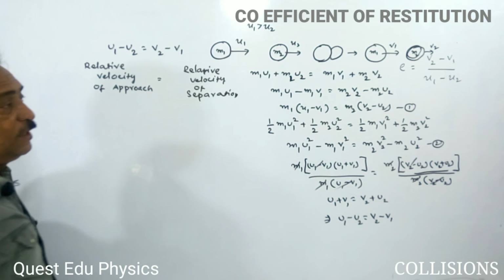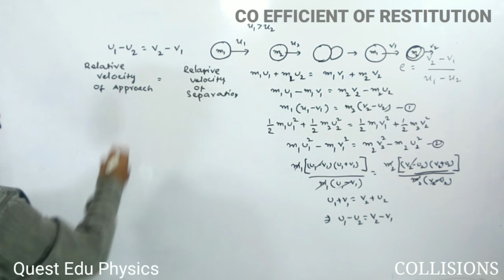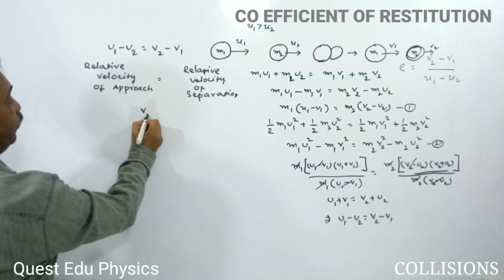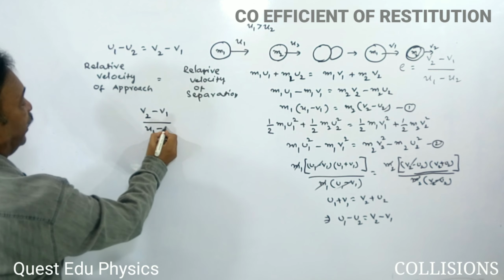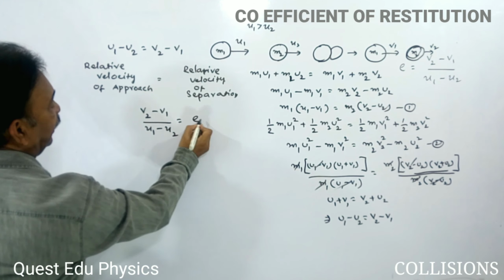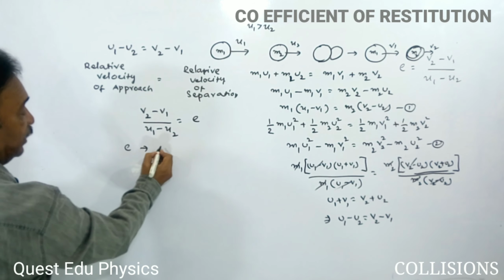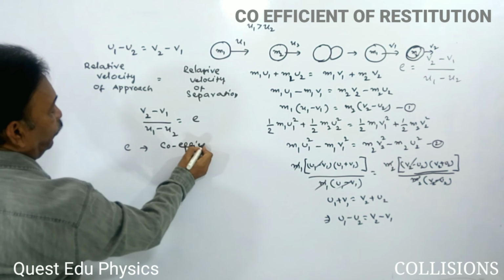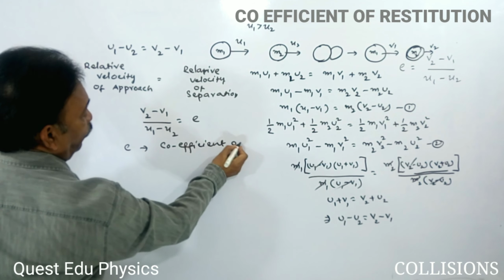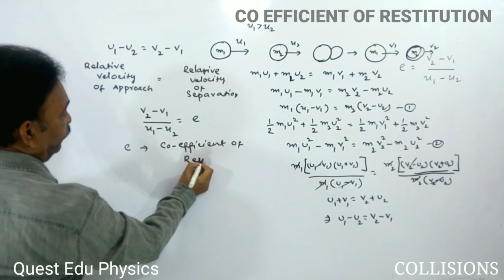In this way, we derive that expression. If we take the ratio of the two, (v2 minus v1) by (u1 minus u2), we call it E, where E is the coefficient of restitution.